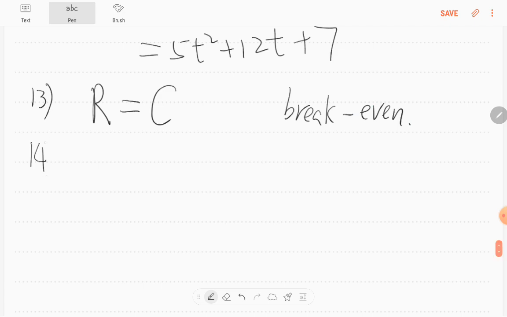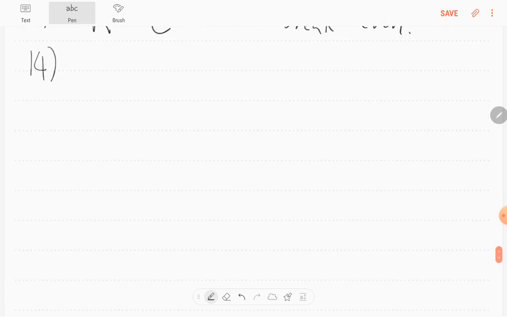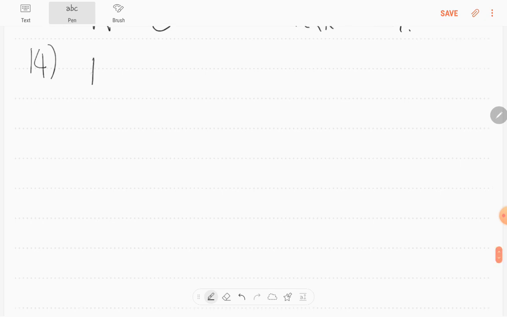Number 14. It tells you that to sell x tickets, the revenue is given by R equals 15 times x. So this is the revenue.